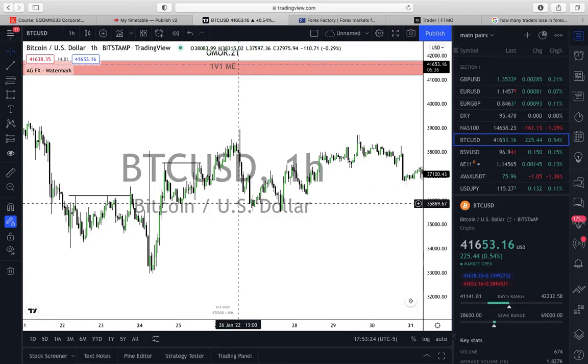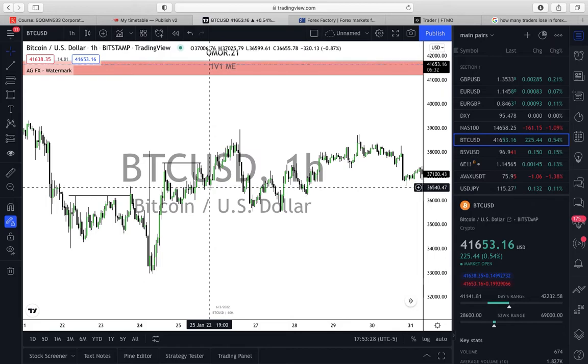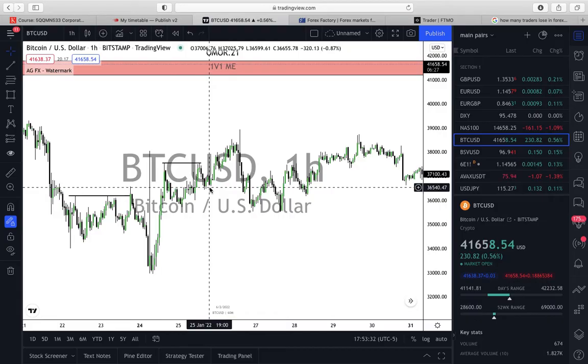Look how there's liquidity below this low, this low, this low. There's liquidity everywhere. Liquidity is the blood for the market. The market can't operate without the liquidity. Without buyers and sellers at every single price, there is no market. Think about it.